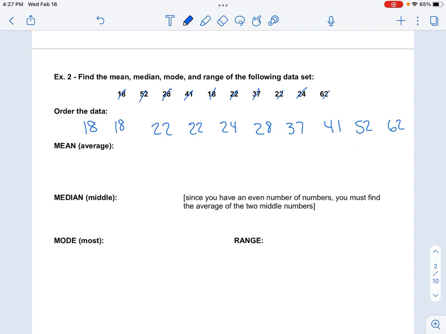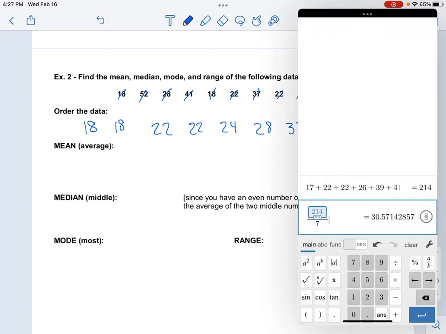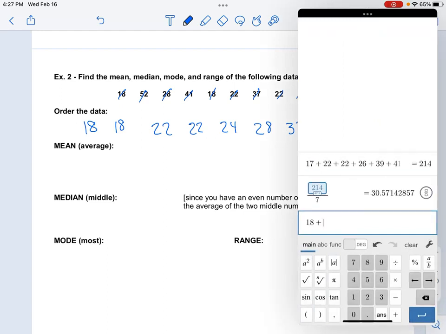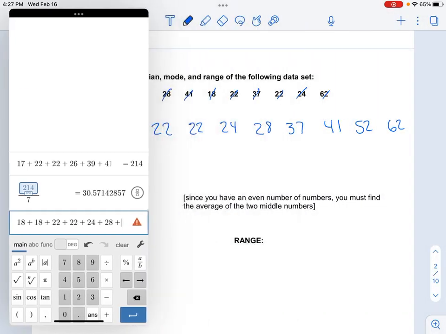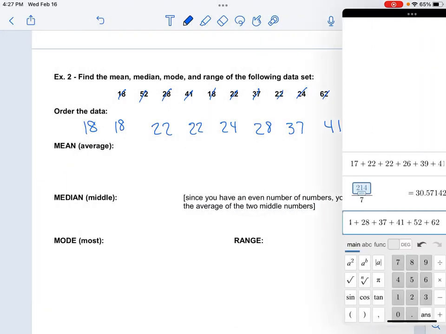Okay, so for my mean, I'm going to just add all of these up. So I'm going to have all of these added. And I have to count how many terms I have all together.